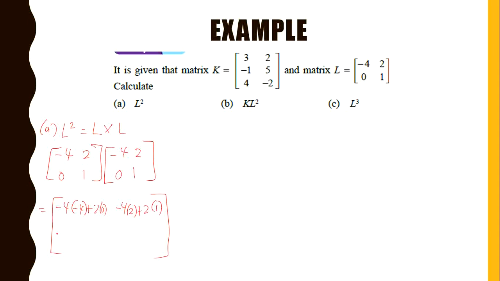This one is 0 times negative 4 plus 1 times 0. And the last one is 0 times 2 plus 1 times 1. Okay, so you will get 16 plus 0 is 16. Negative 8 plus 2 is negative 6. 0 plus 0 is 0. 0 plus 1 is 1.